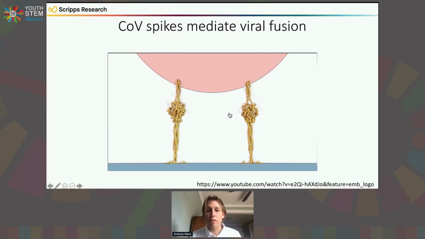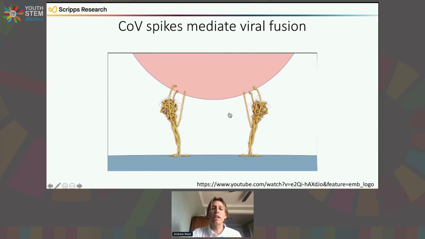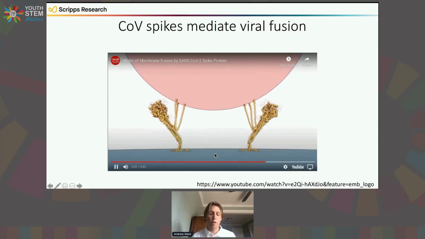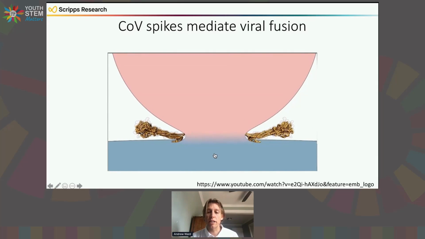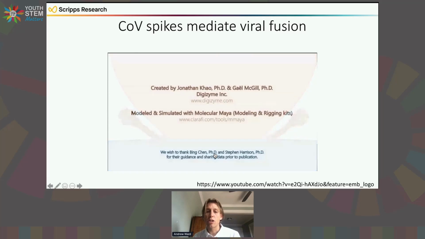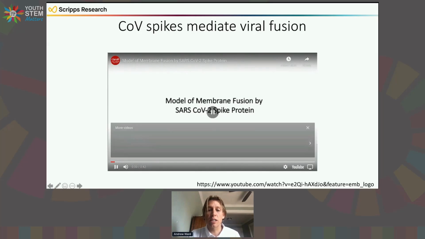The purpose of these conformational changes is to bring the viral membrane close to the host membrane and then eventually fuse them so that the RNA genome can get in the cell and the virus can replicate. So the role of a vaccine and antibodies is to intersect and intervene and prevent that process from happening.